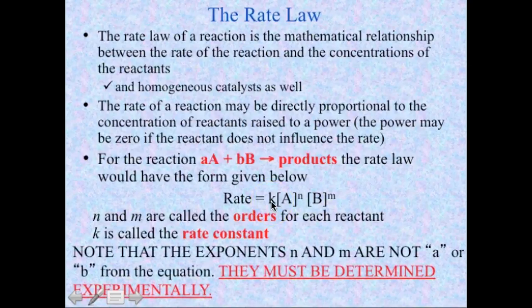Note that the exponents n and m are not a and b from the equation. You can't look at the equation and write a rate law. You have to experimentally determine the value for n and m.